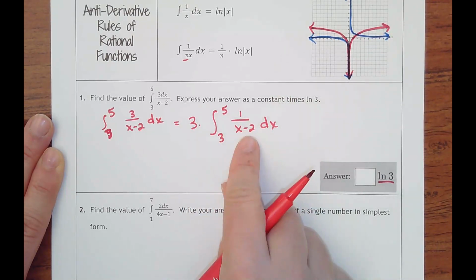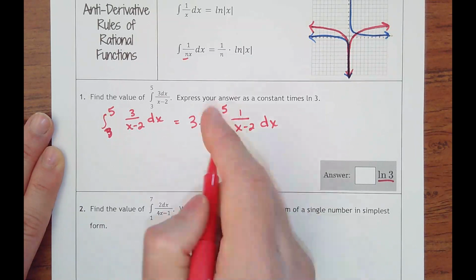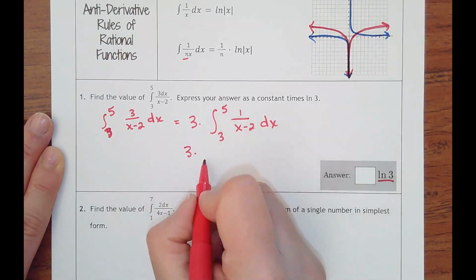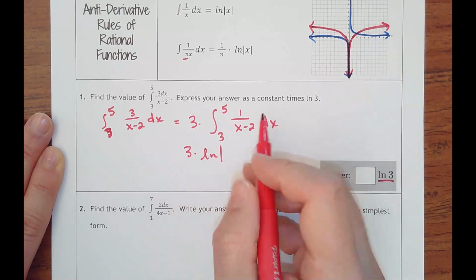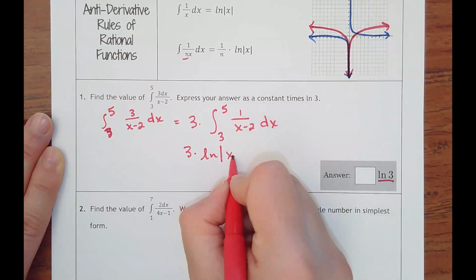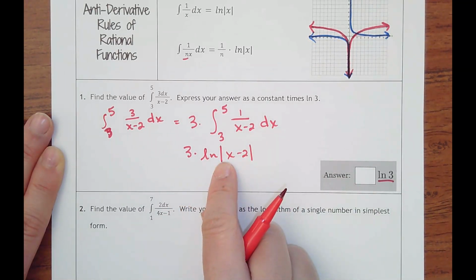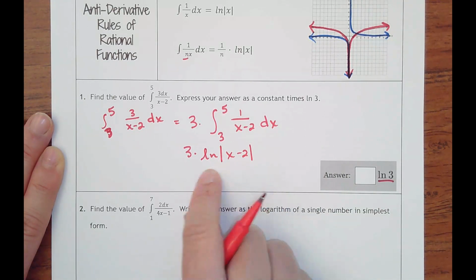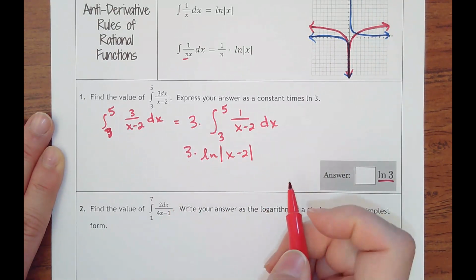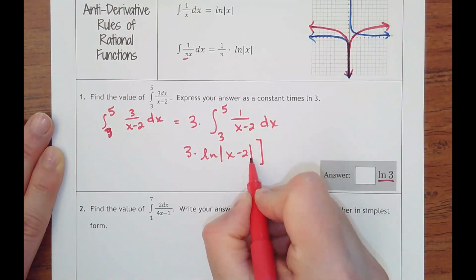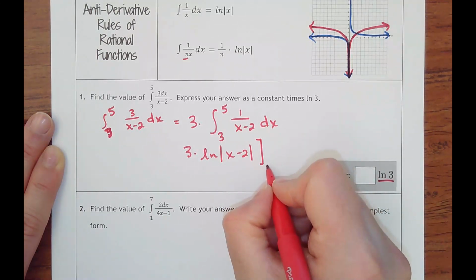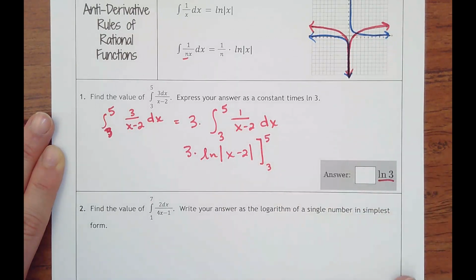So as soon as I see this fraction, I know that when I integrate it, it's going to be the natural log of the absolute value of the denominator x minus 2. Nothing is getting multiplied by x, so I don't need to divide by anything other than 1, which won't change it. And then I want to put my bounds. I'm going to do a bracket here to not get confused with my absolute value bar, from 3 to 5.